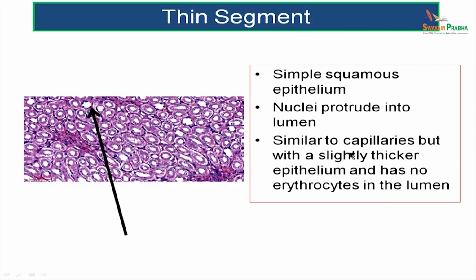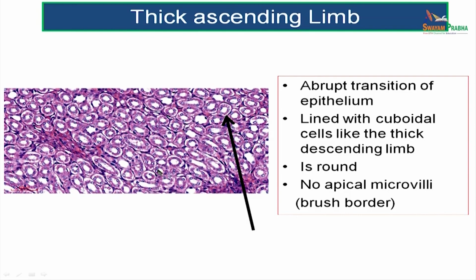So, there comes the question how to differentiate a capillary from a thin segment. Capillaries have erythrocytes in their lumen, but you do not find erythrocytes in the lumen of thin segment. In capillaries the epithelium is thinner, but here the epithelium is thicker and the nuclei protrude into the lumen, that is thin segment of loop of Henle.